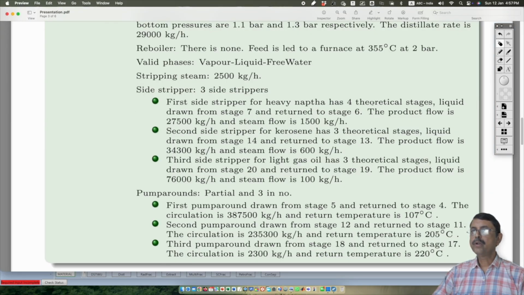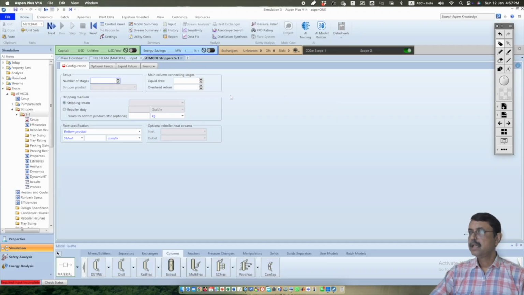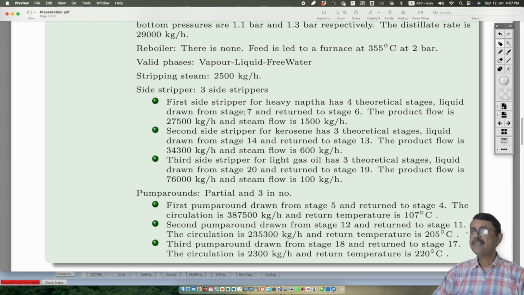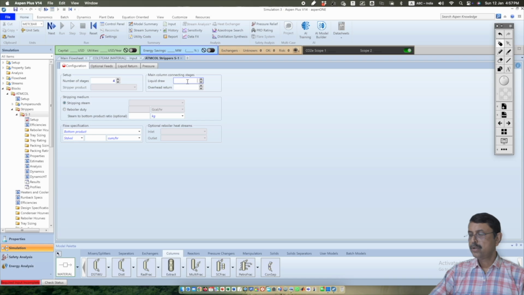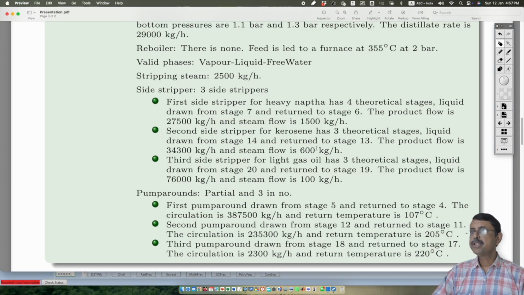There are 4 theoretical stages, and we draw the liquid from the 7th stage and return it to the 6th stage, right? And we have the stripping steam information. So stripping steam, we have 1500 kg.